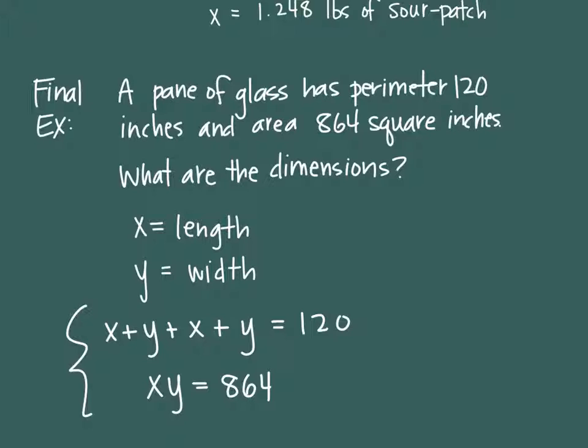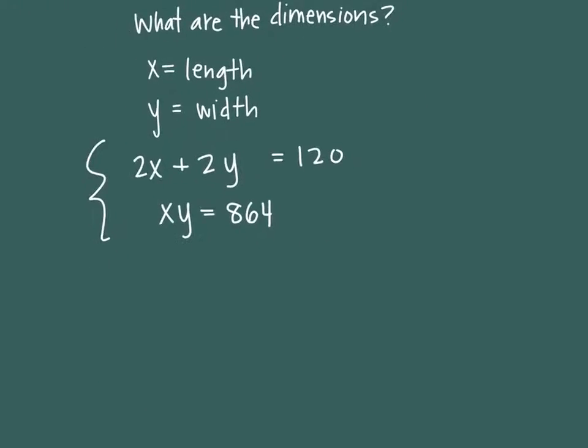So I'll clean this up a little bit. Emma was suggesting 2x plus 2y, so that's probably a little better way to write it. All right, 2x plus 2y. Okay, so now your choice. Of the methods that we did today, substitution, graphing, or elimination, you get to choose which way you want to do it.